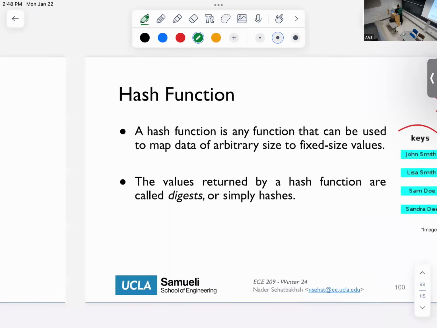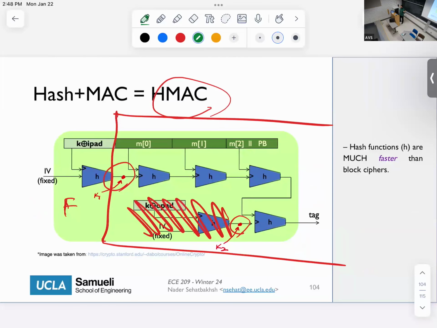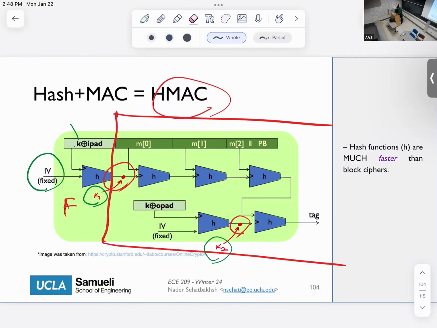Okay, so there are details such as how do we actually compute this, how do we add nonces and so on. Usually, as I said, the nonce part is embedded inside the key. So we usually start with the initialization vector. We use the key and then compute the MAC, and then we compute this for the rest of the messages, and we go all the way down, and then here we need to create another key, which we usually do using another K with another padding.